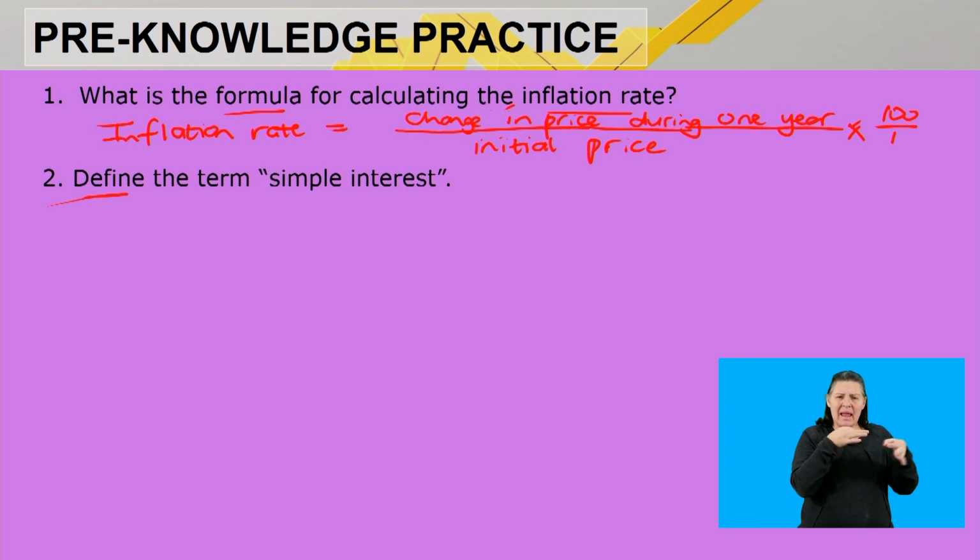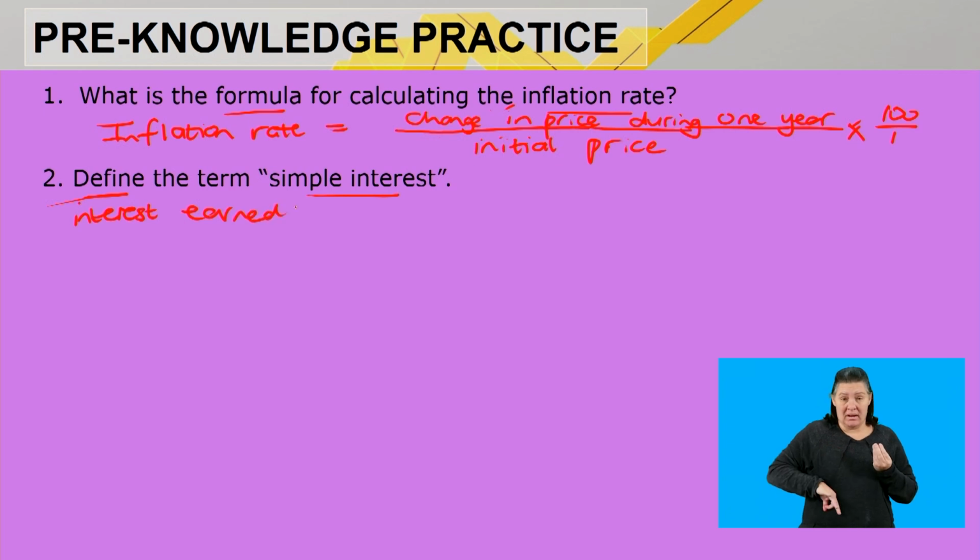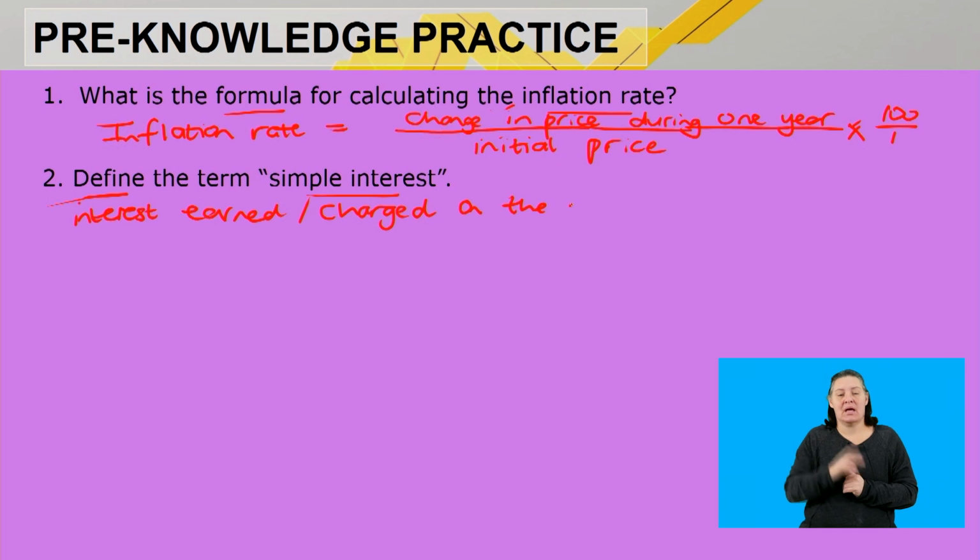Question number 2, define the term simple interest. If you've listened carefully to what I said when we opened this lesson, I indicated that simple interest is interest that is earned, or it can be interest that is charged, because it can be a loan for that matter as well, on the principal amount due only.